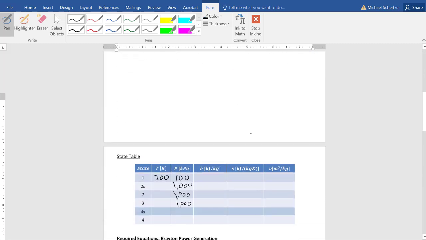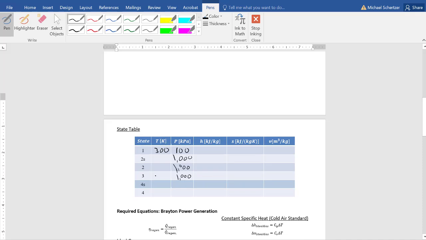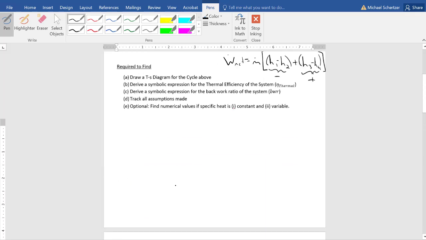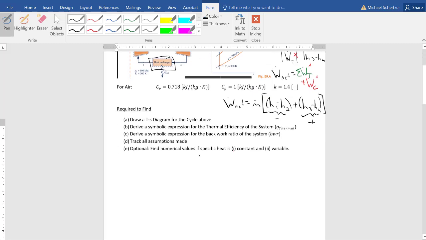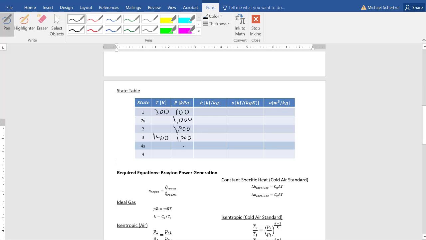So this is 1,400. Now, because I know that the turbine exhausts to the atmosphere, or if we're pretending that it goes through this heat exchanger here, this heat exchange process we're also going to assume happens at constant pressure. So P4 is going to be equal to P1, just like P2 is equal to P3. So P4 is going to be 100, whether I go through the real turbine or the ideal turbine.